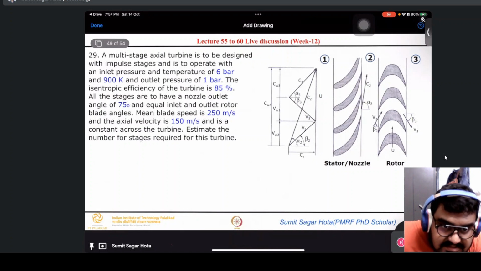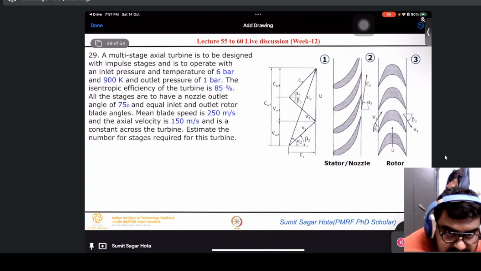The isentropic efficiency is 0.85. The stages are to have a nozzle outlet angle of 75 degree and equal inlet and outlet rotor blade angles, mean blade speed of 250 meter per second, and axial velocity of 150 meter per second, constant across the turbine. Estimate the number of stages required for this turbine.